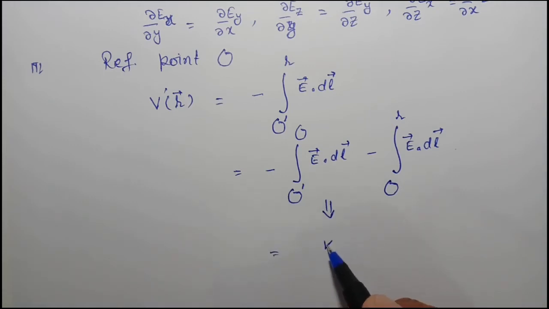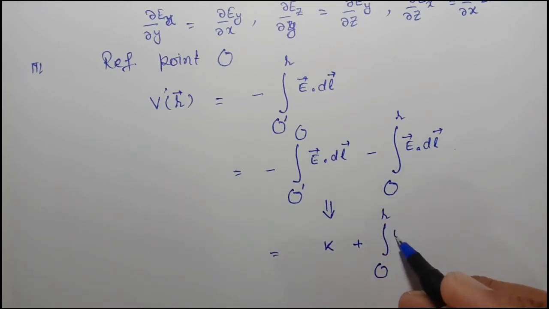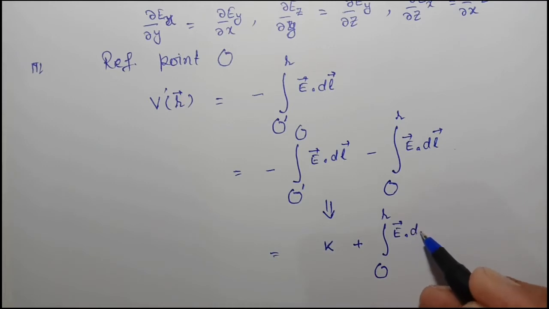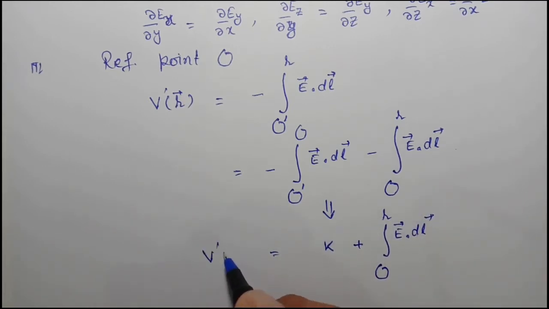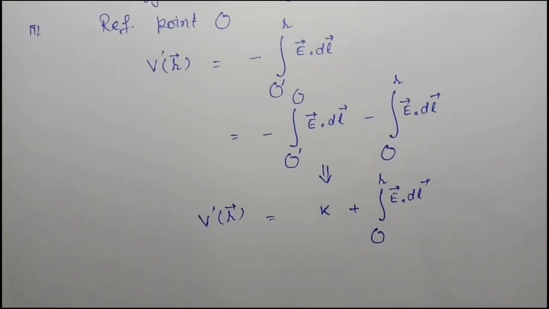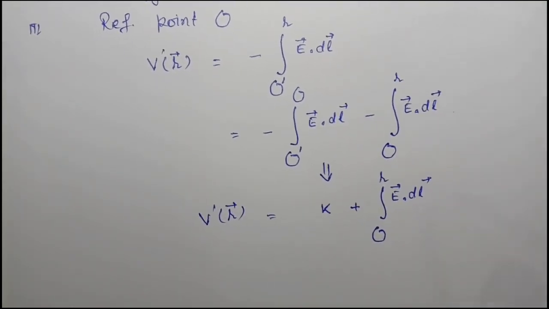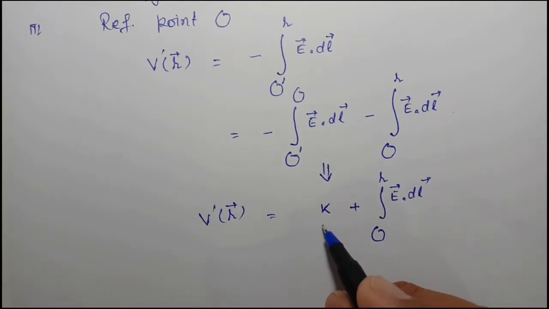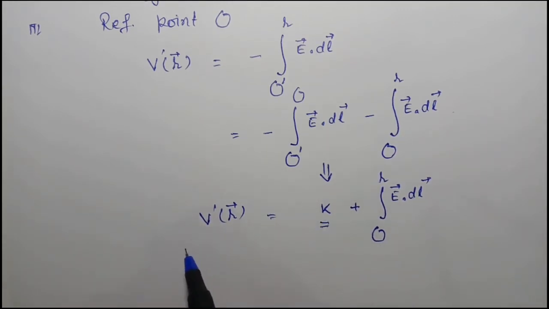Suppose this constant is k, or here we have a plus sign, so this is O to R E dot dl. That is, if we choose any other arbitrary reference point, then we simply introduce one constant factor, and by using the constant factor we can shift from one reference point to another, and there is no change in the actual results.